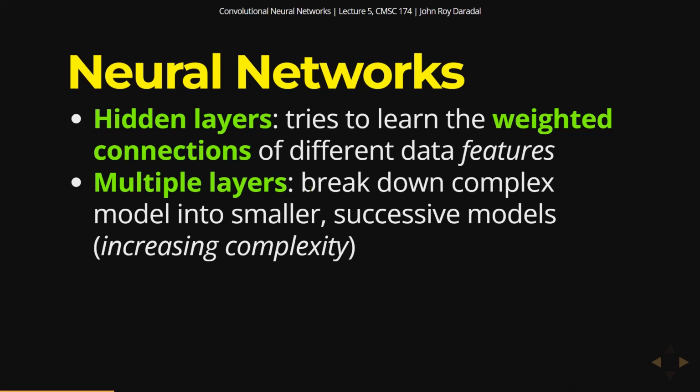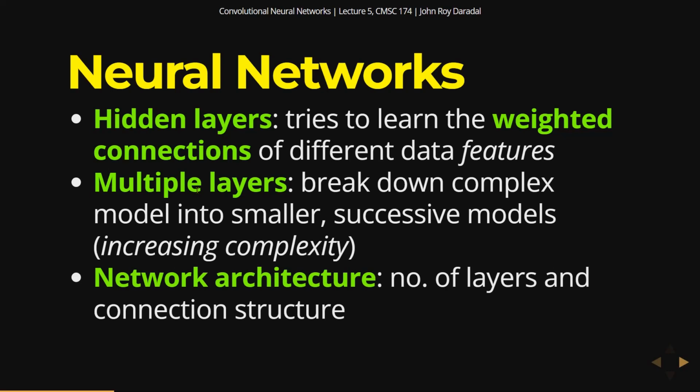Okay, so the layers as we go deeper have an increasing complexity. So that is why we have multiple layers in neural networks, because we try to break down a complex model into smaller successive models.